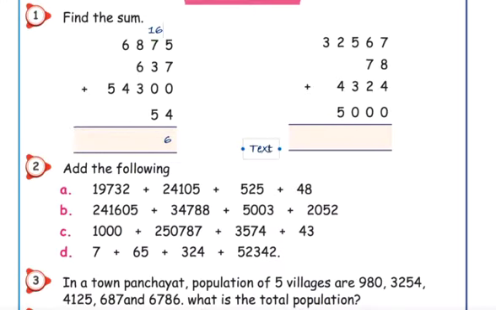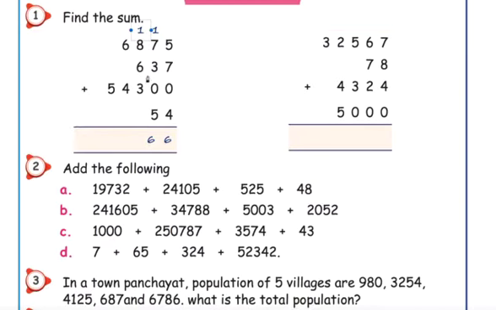Again I will write 6 here. Again I will be left with 1, right? That one I will give to the hundreds place.